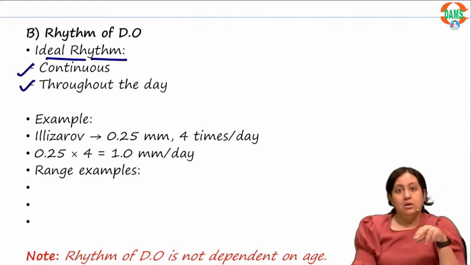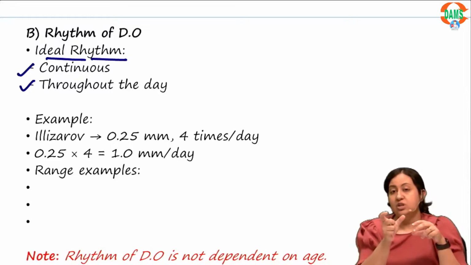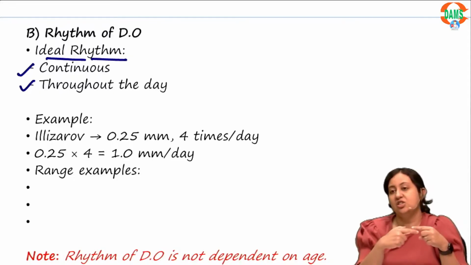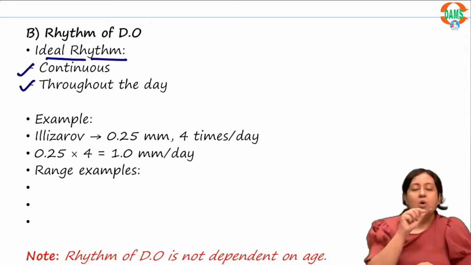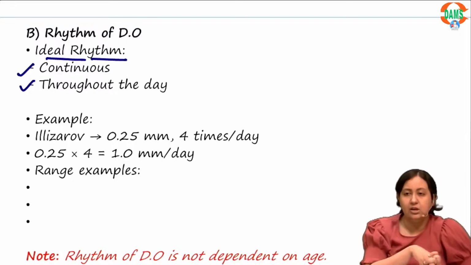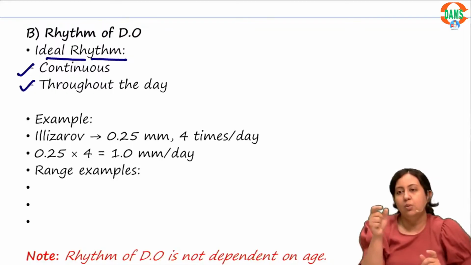That means if you have to distract by 1 mm per day, there should be a force applied, or the distractor device has to be engaged in a way that in complete 24 hours there is a continuous rhythm which makes it move 1 mm per day. Alright, so that means there has to be constant engagement of the distractor device to move it 1 mm per day.